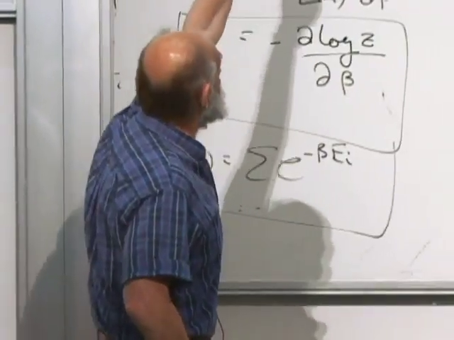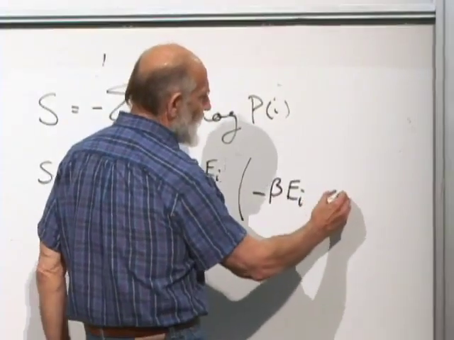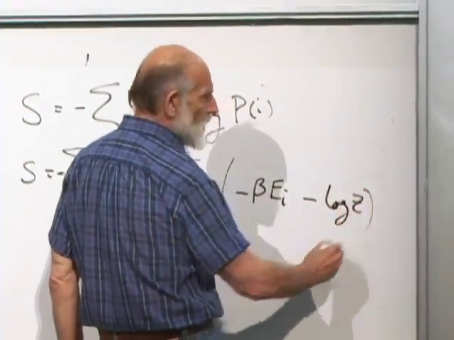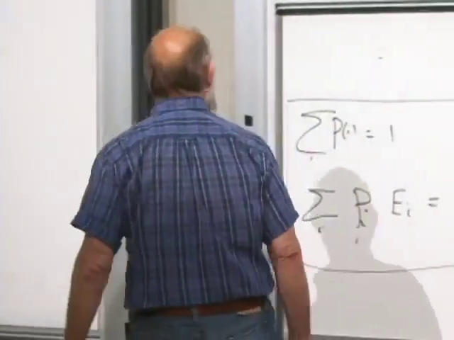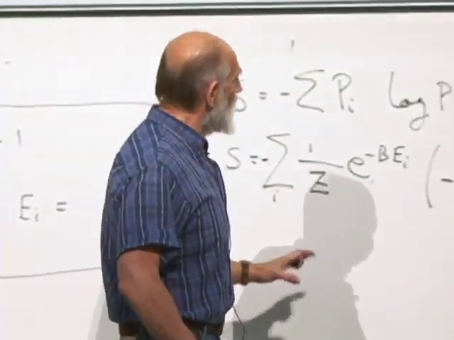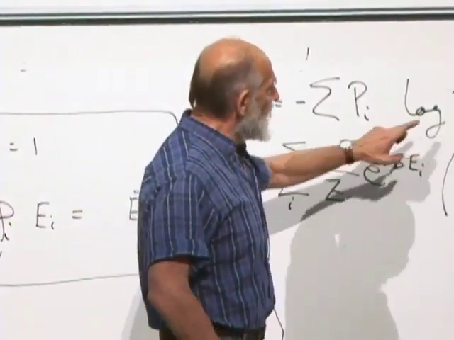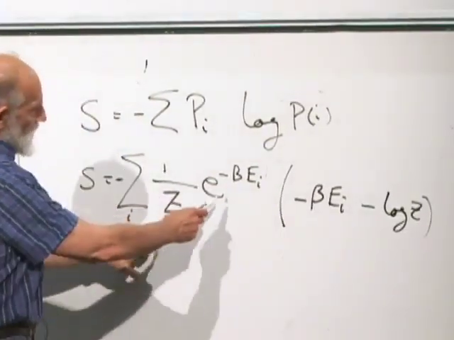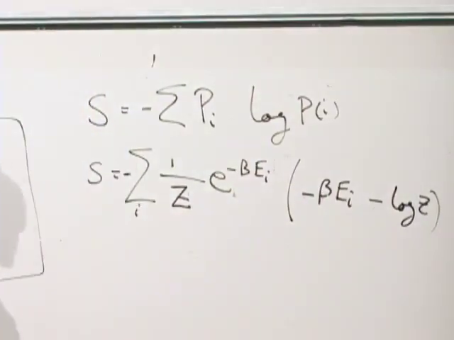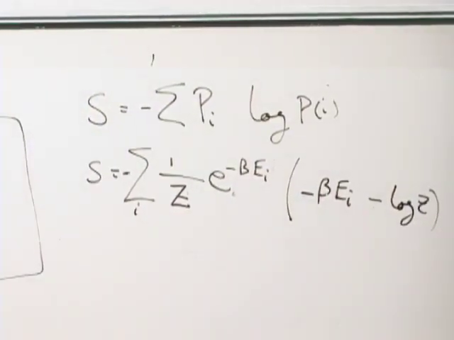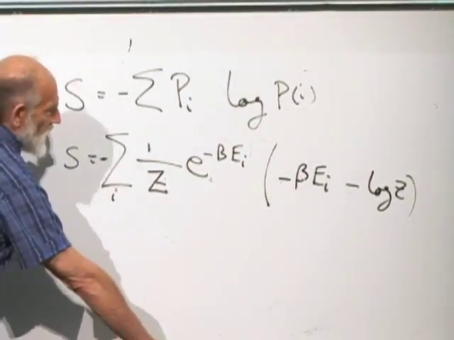That's the logarithm of the second factor, the exponential, and then we have to subtract off log Z. Okay, does everybody see what I've done? I've written p sub i as 1 over Z e to the minus beta E sub i, and then the logarithm of p sub i as minus beta E sub i minus log Z. That's S. The minus sign goes away.